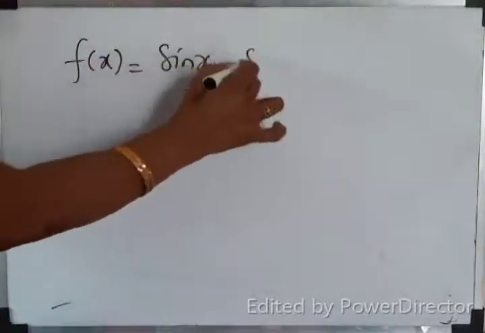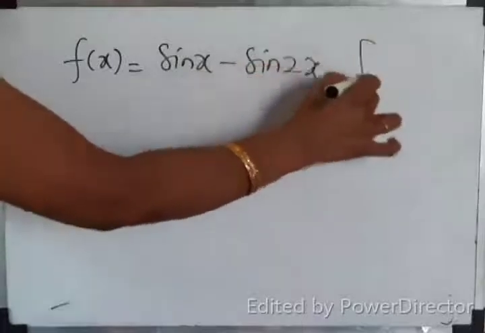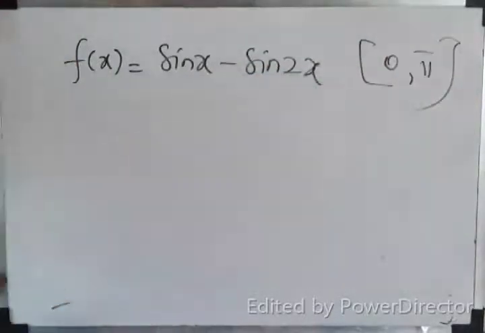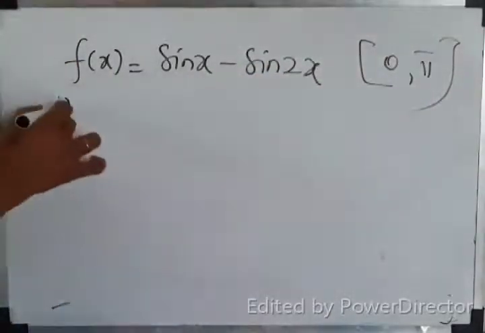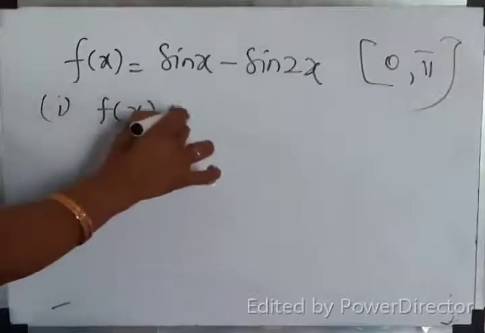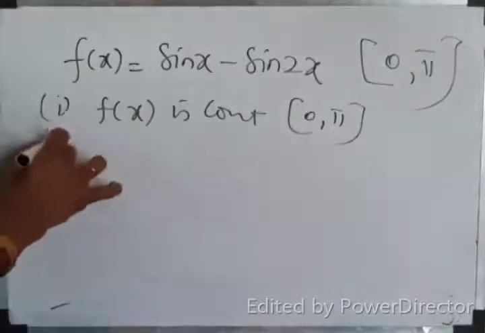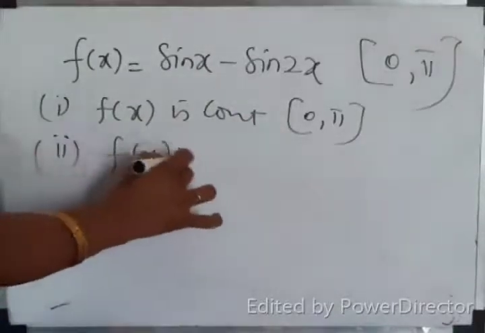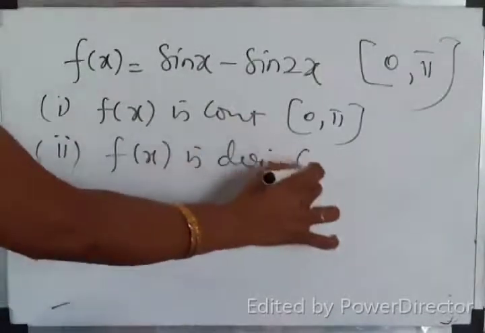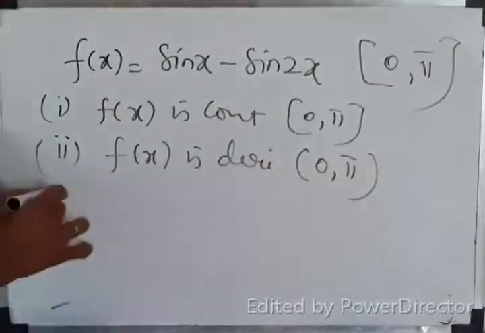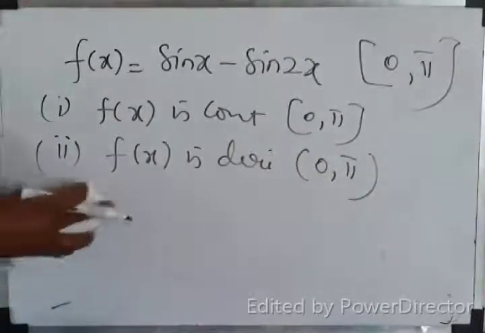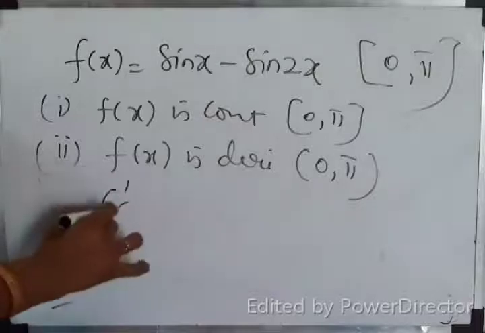Right. The next question, f of x equal to sin x minus sin 2x, in (0, pi). What did you write in the first step? F of x is continuous in the closed interval (0, pi). Second, f of x is derivable in the open interval (0, pi). What is f dash of x? Please write immediately.